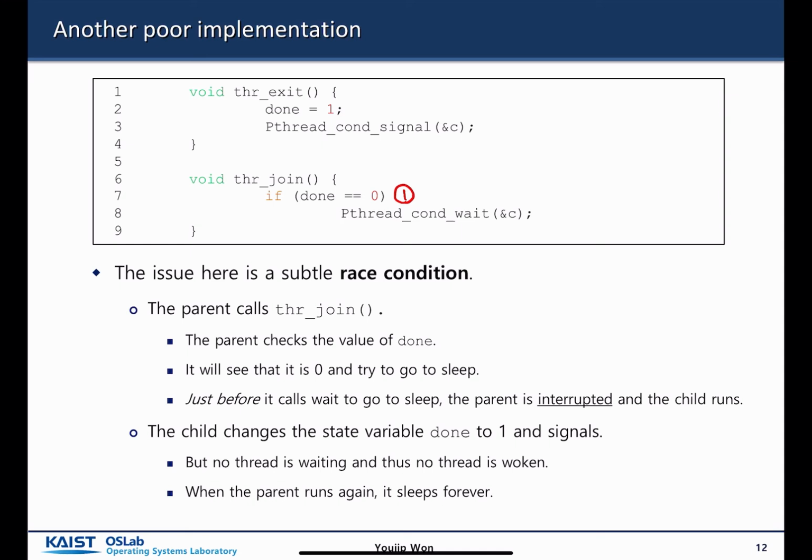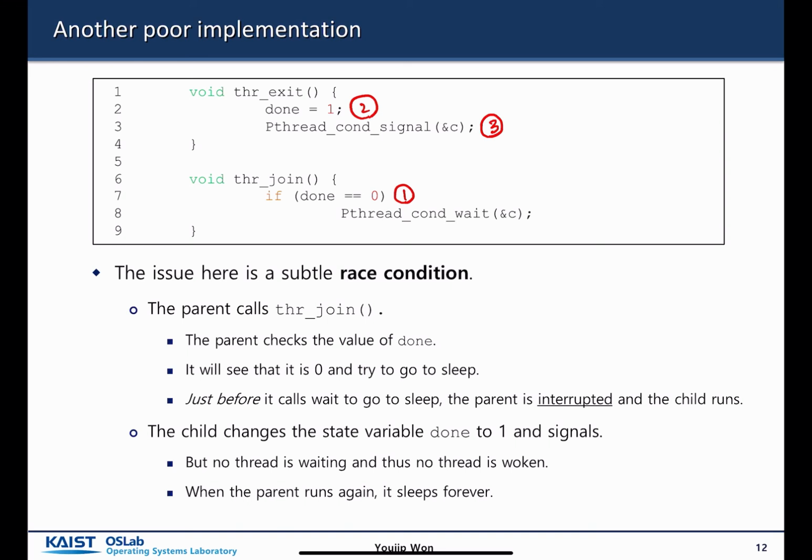And then the child process executes. And then it changes the state of done to 1. And then it signals the parent. However, unfortunately, the parent process has not gone to sleep yet.